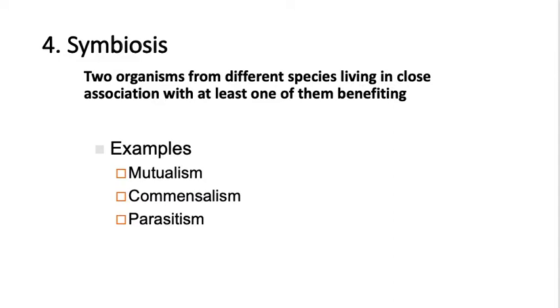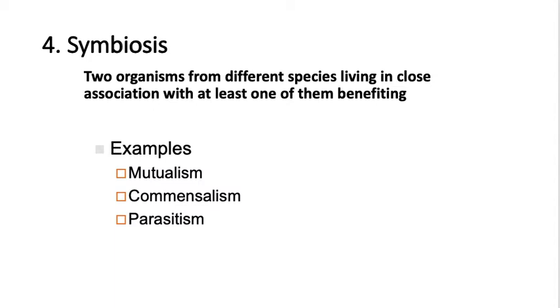Now, the last one that we're going to look at is symbiosis. So, symbiosis, a symbiotic relationship in the general sense of the word, is you scratch my back, and I'll scratch yours, which means that there's a benefit for two individuals going on here.